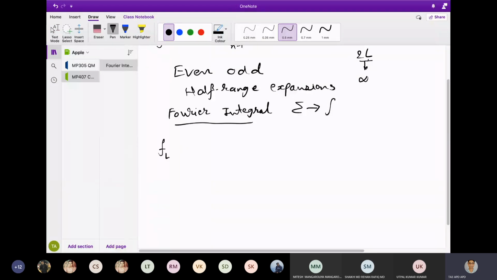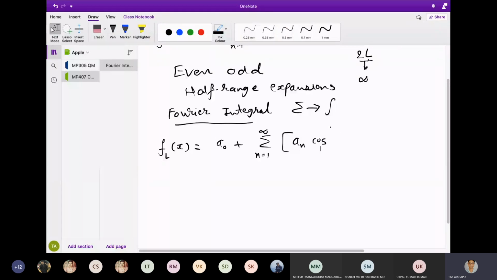We have taken this function f sub L, which we defined previously. Now if you write the Fourier series for this particular function, the general form is a naught plus the summation n equal to 1 to infinity of a n into cos n pi x by L.